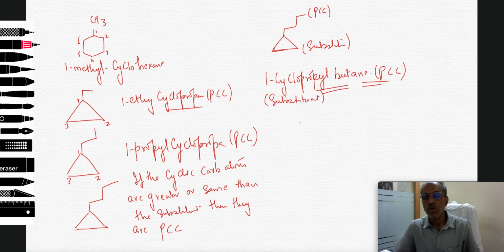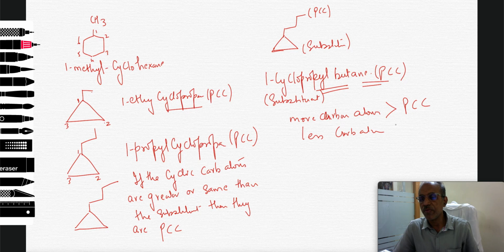So with more carbon atoms, it will become the parent carbon chain, and the lesser will be the substituent. Here there are fewer carbon atoms as compared to the straight chain attached. If similarly a 6-membered ring: see 1, 2, 3, 4, 5. Still here this is 6 and this is 5.